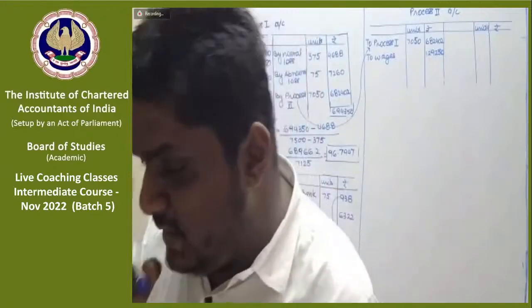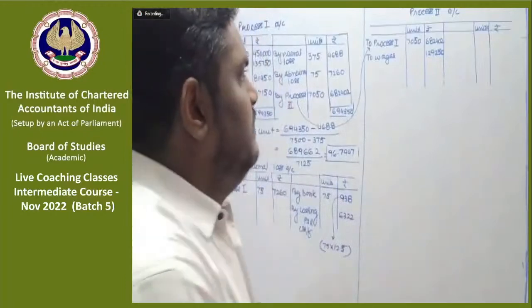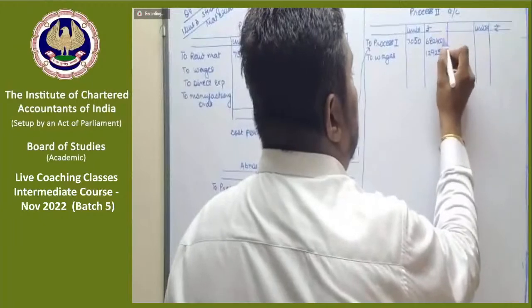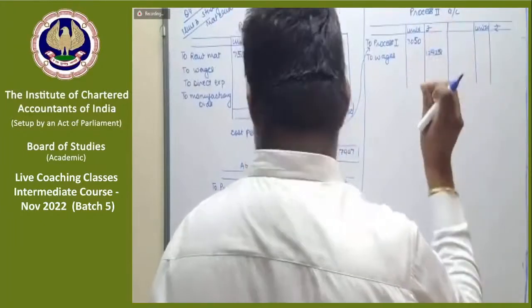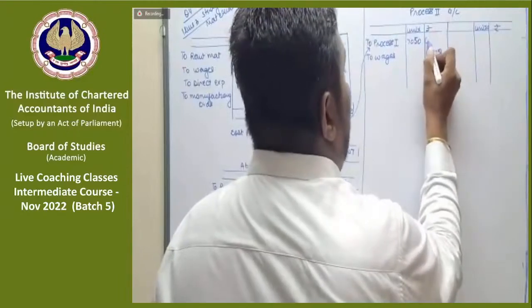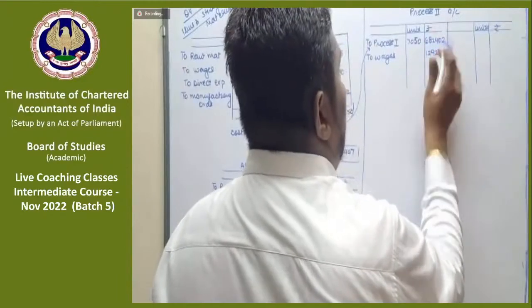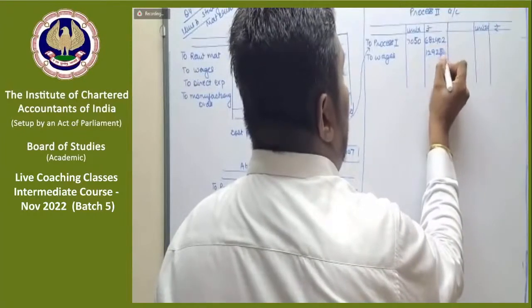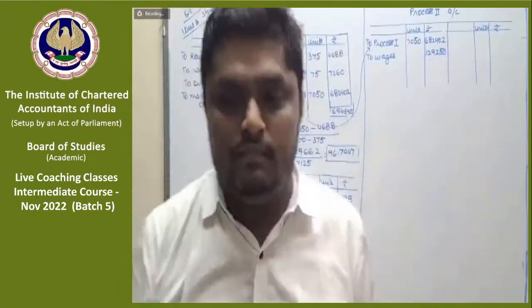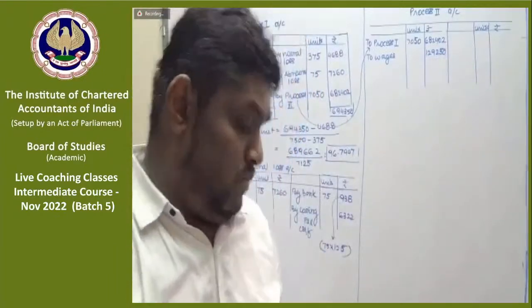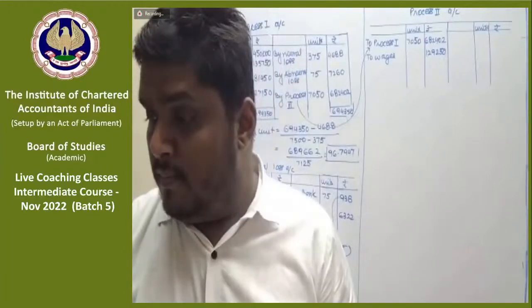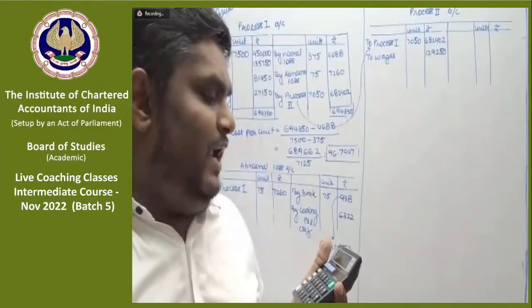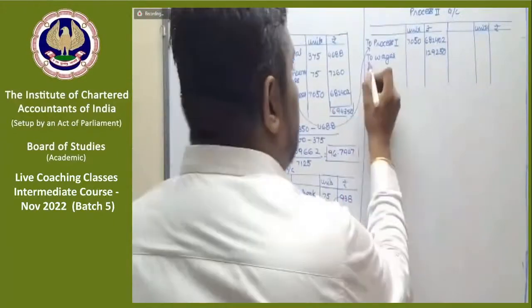Further direct expenses are 65% of direct wages. Sixty-five percent of direct wages, so this will be 84,013.